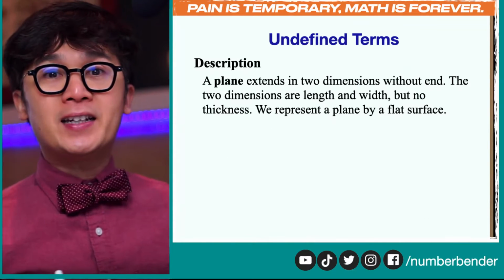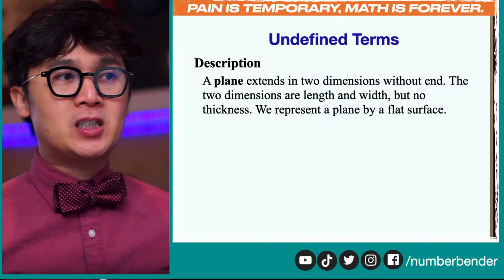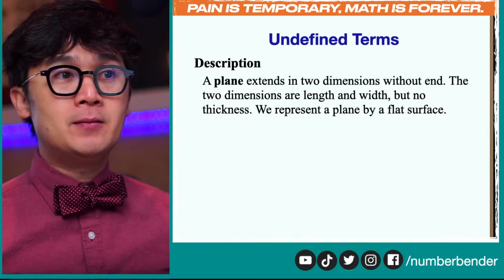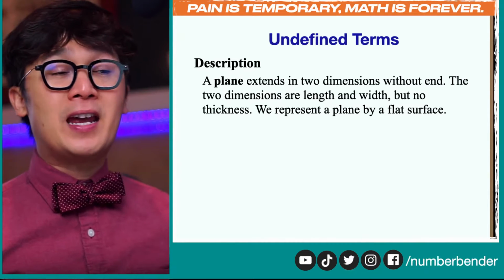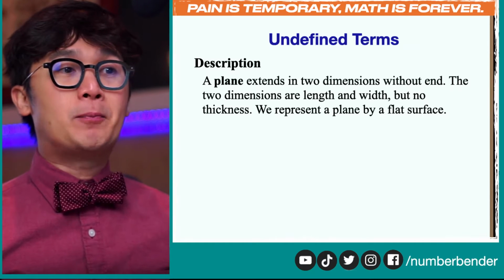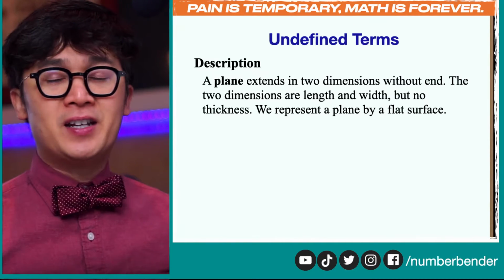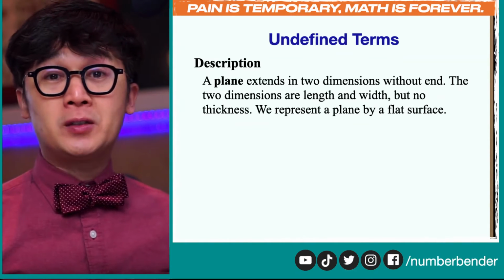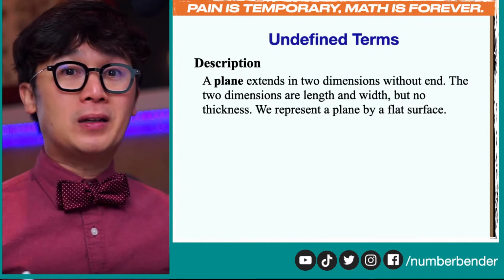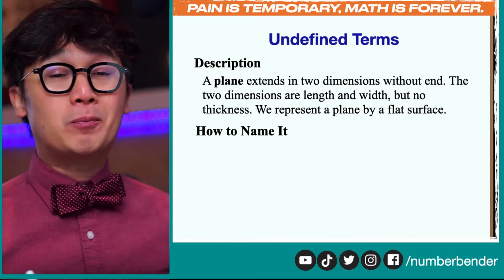At susunod naman natin ngayon ay yung plane. By definition, a plane extends in 2 dimensions without end. The 2 dimensions are length and width, but no thickness. So we represent a plane by a flat surface. So yan yung ating plane sa geometry. So meron tayong point, meron tayong line, at meron tayong plane. And how do you name a plane?